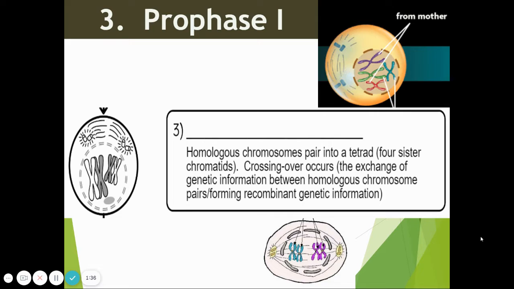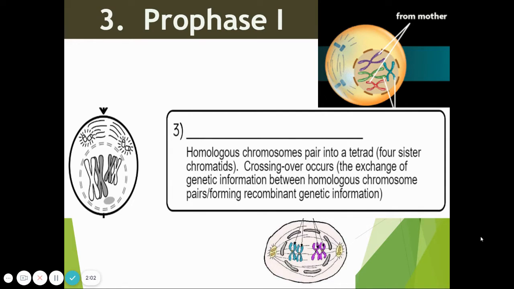In that prep stage, you have the chromatin condensing into chromosomes. You have the nuclear envelope dissolving so that you can then move the chromosomes around. You have the movement of the centrioles and the formation, or the beginnings of the formation, of the spindle fibers. So all of that is the same.